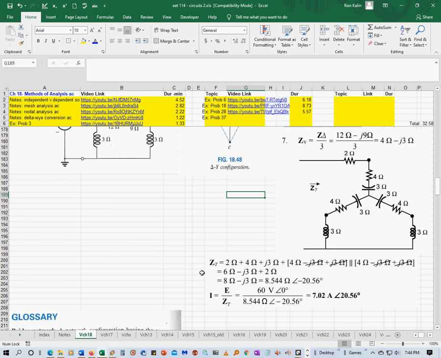So to get your total impedance, you start up here. You have the 2 ohm plus the 4 ohm minus J3, and then you have these two guys in parallel, this 4 ohm minus J3 plus J3, which is in parallel with, again, the 4 ohm minus J3 plus J3.